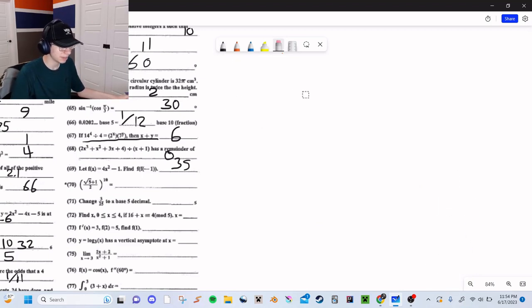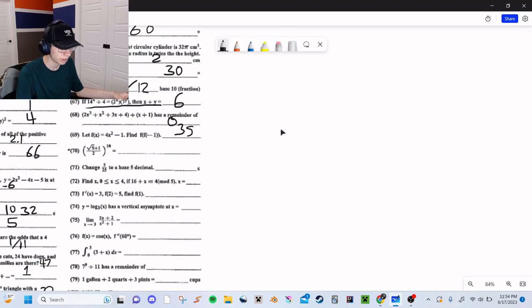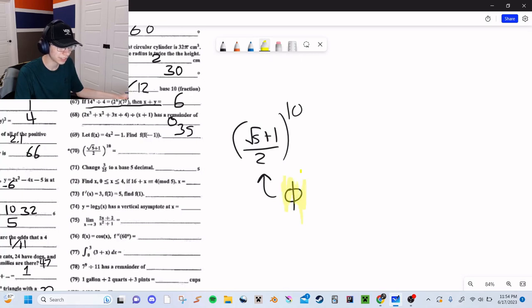Okay, number 70, estimation. So what we can do here, okay, well, we're dealing with this number. If you're really math savvy, you might know that this number here is the golden ratio. Golden ratio.